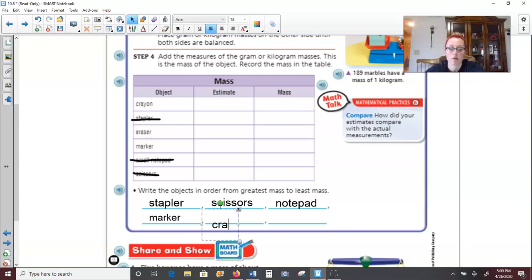So then the crayon would be my next item, and then after that, the eraser. I was just going by the size of the items, and my best estimate from having held these items before in my life, giving a good guess as to the greatest mass down to the least.